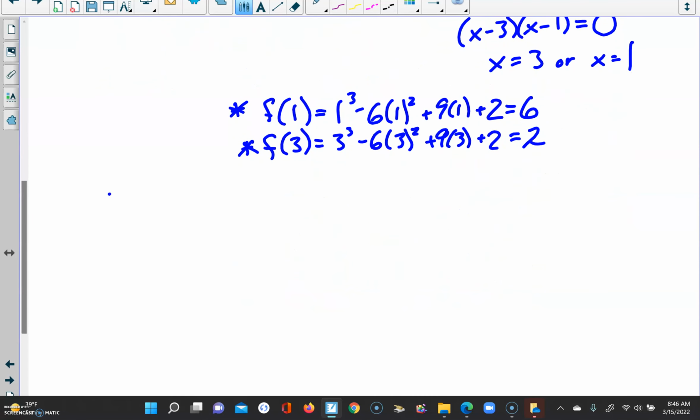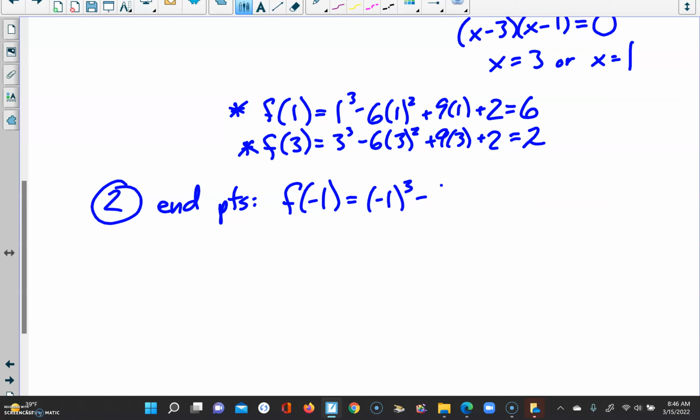Let's go ahead and check the endpoints. So for the endpoints, we just simply plug in the endpoints of the interval, in this case the -1 and the 4. So I'll find the f of -1. This is (-1) cubed minus 6 times (-1) squared plus 9 times -1 plus 2.